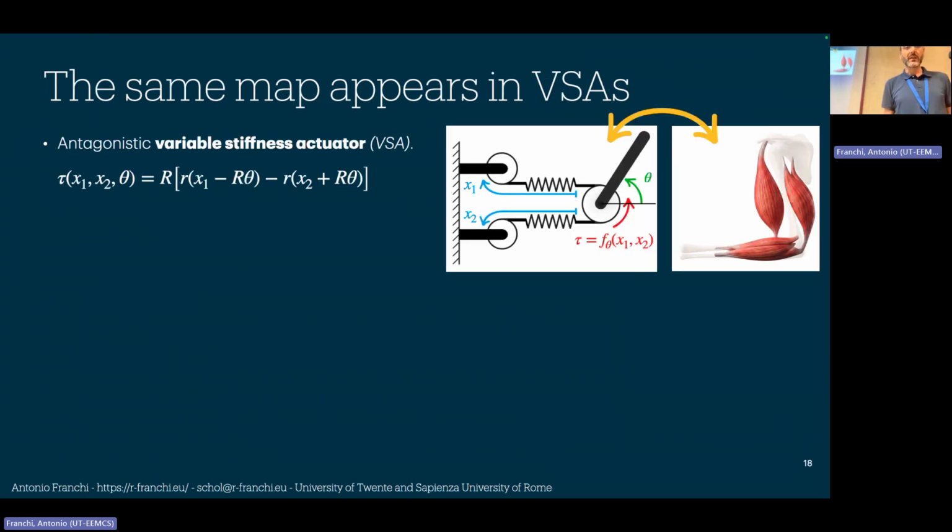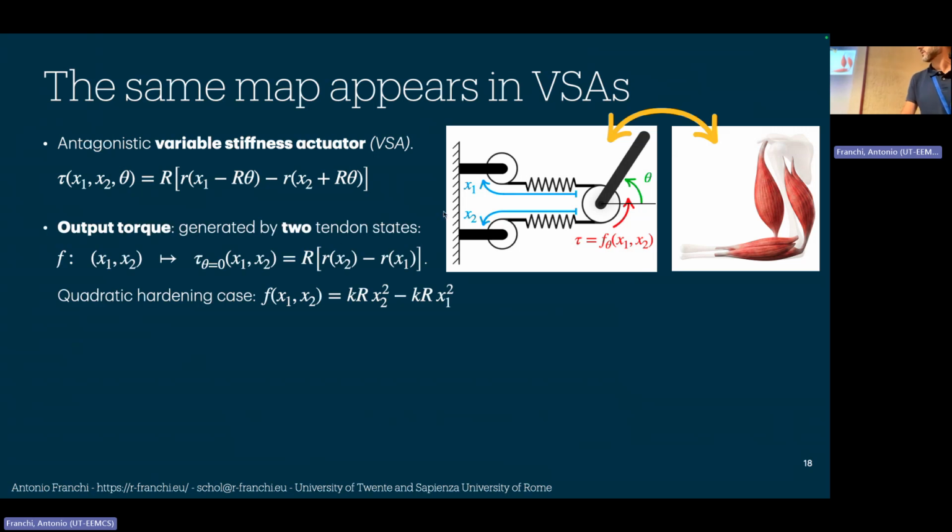So small variations make a large variation of the task, but you need to go to higher energy regions. And this exact same map appears on muscles and variable stiffness actuators, which are the robotic counterpart of muscles. You have two motors with two tendons that can control one link. If you look at the map that you find in this literature for the torque produced by this link, you see that it depends on the elongation of the two tendons.